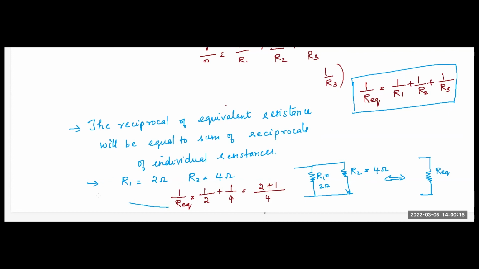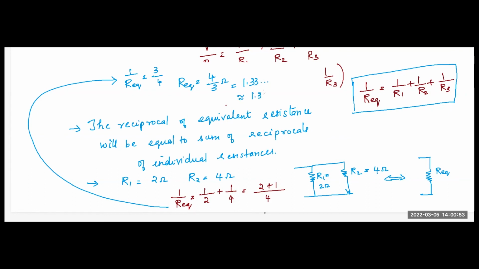So 1 by R equivalent is equal to 3 by 4, or R equivalent is equal to the reciprocal of that, 4 by 3 ohms, which is approximately 1.33 ohms.